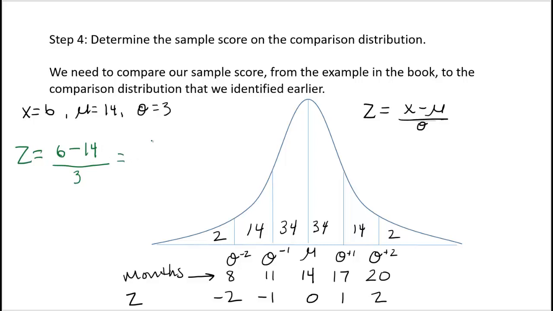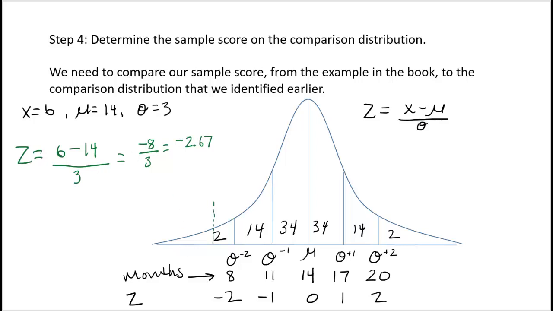That is equal to -8 divided by 3, which is equal to -2.67. What that means is that our baby that took the enriched vitamin and walked at 6 months walked at 2.67 standard deviations below the mean. So that's about 2 1/3 standard deviations below the mean.